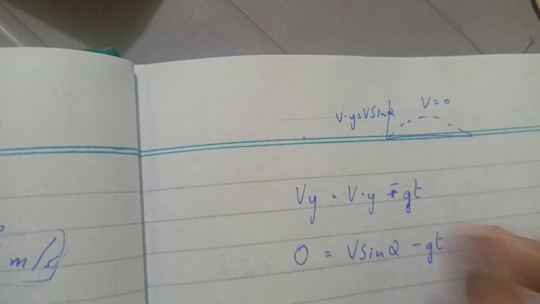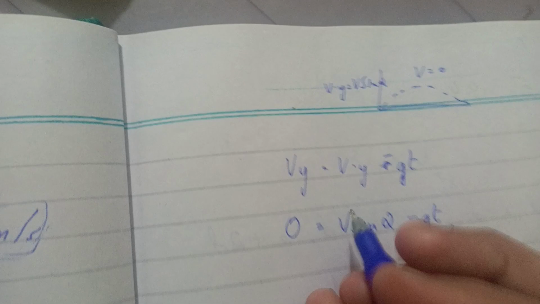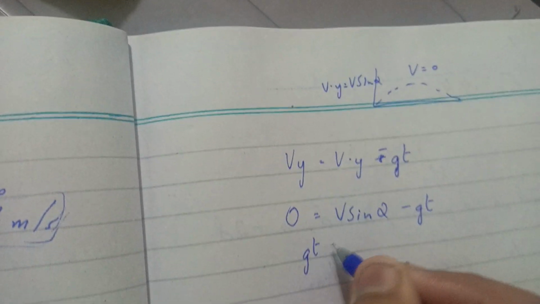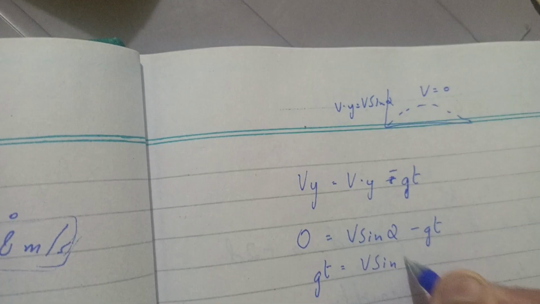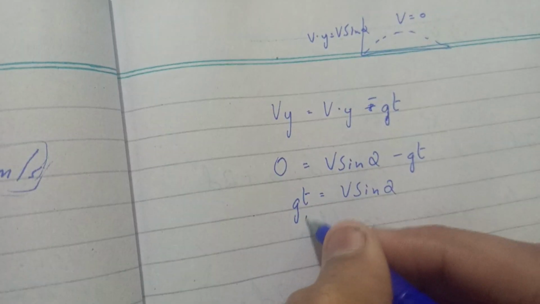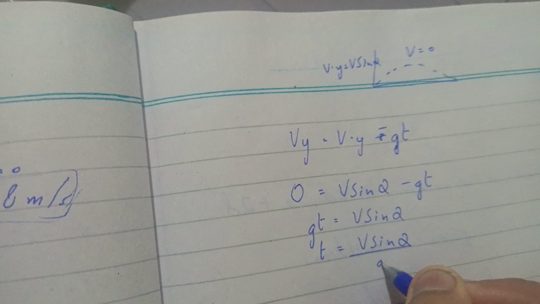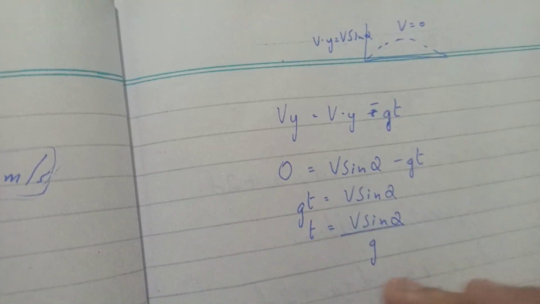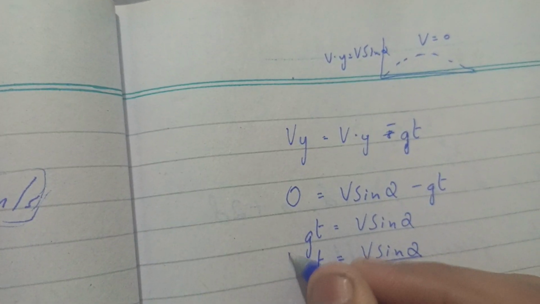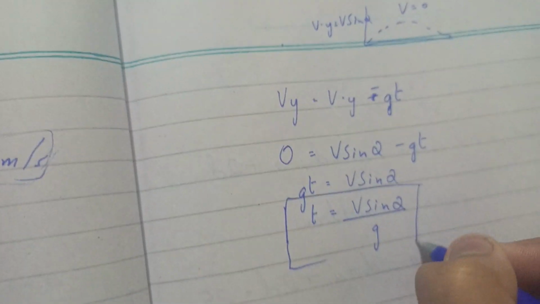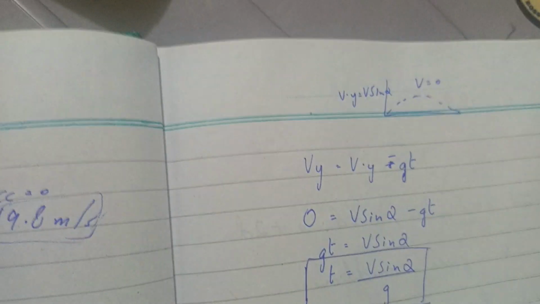We'll take this minus gt to this side, so it will become gt is equal to v sine theta. Now t is equal to v sine theta upon g. Here g was multiplying and here it is dividing. So yeah, it is the formula for the total time to reach maximum height.